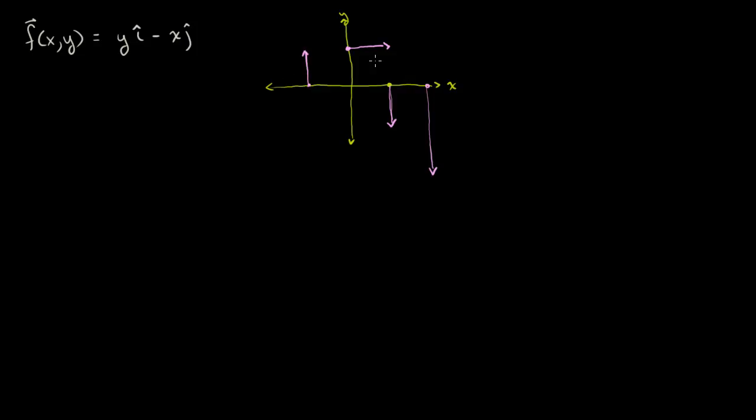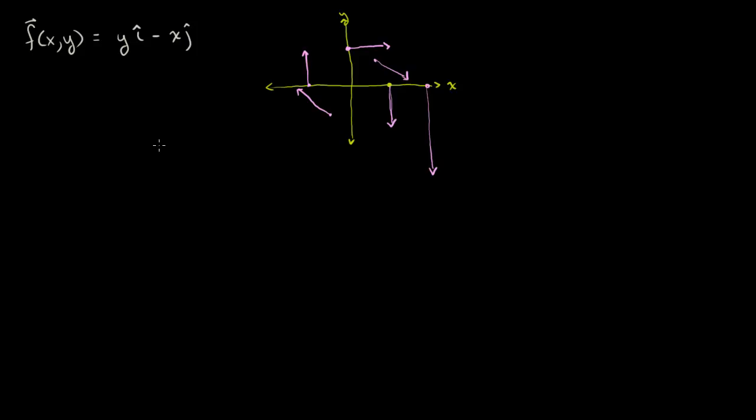If you go to this point right here, the vector is going to look like that. I think you get the general idea. I could keep filling in the space for this entire field, just to make it symmetric. If I was right over here, the vector is going to look like that. I could just fill in all of the points if I had to.